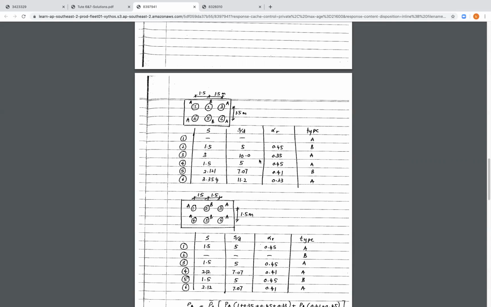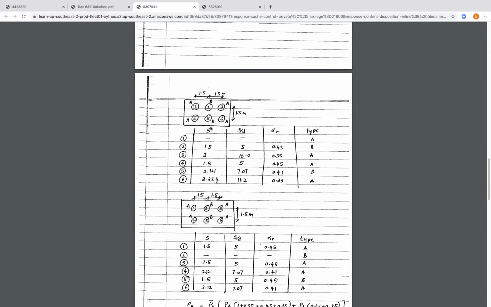And that's why we need to create this kind of table to find the settlement of pile number 1, which is, as we said, due to its own load, and due to the interference from the adjacent piles.